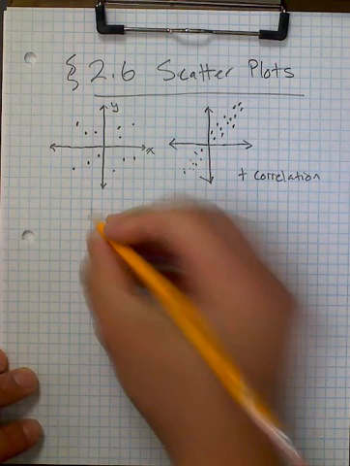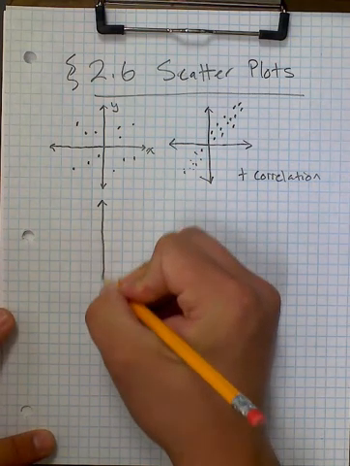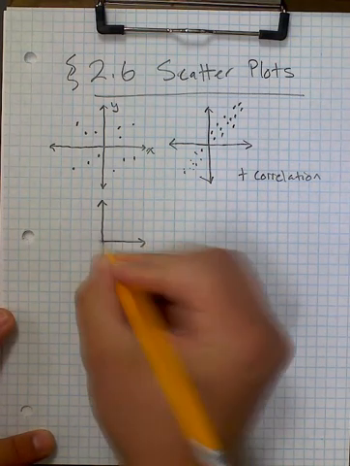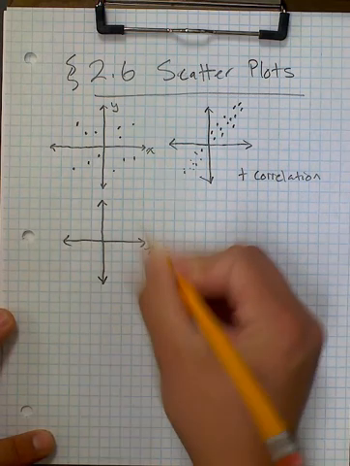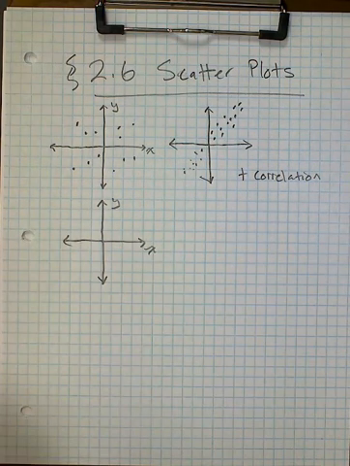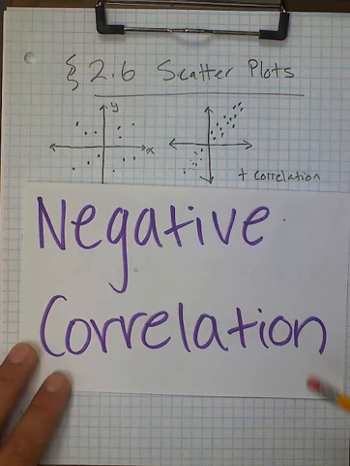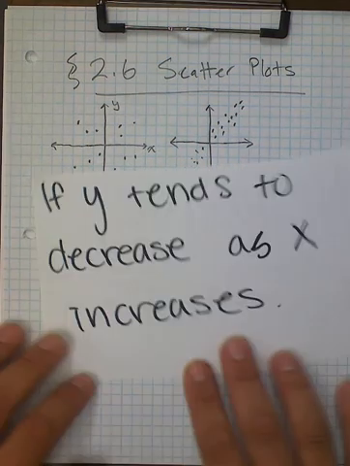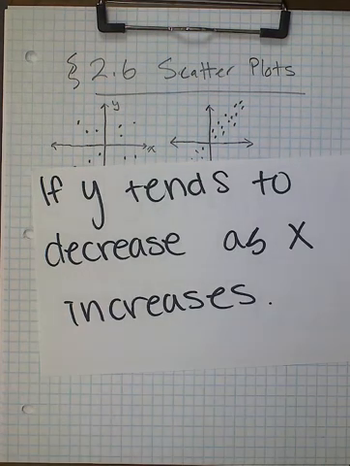Now, on the flip side, we're going to quickly draw my axis, my coordinate plane, x and y. We're going to talk about negative correlation. Negative correlation is if y tends to decrease as x increases.